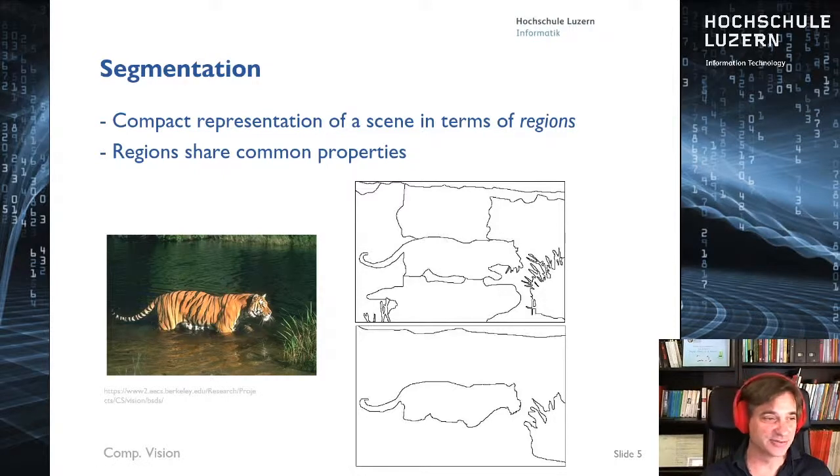But another person looked a little bit more at how the image looks, and saw that the water is not uniform, that this is part of a reflection, which is lighter, and so he segmented that differently. So it is a difficult problem, and maybe not a unique solution. But the idea is to find some regions that share some common properties.